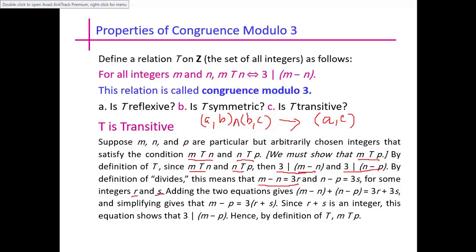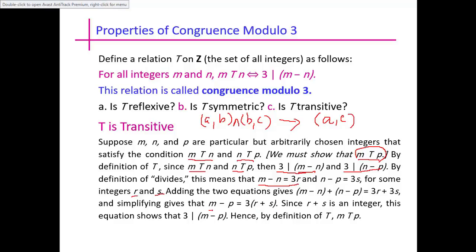And now what we need to show is that m is related to p. We need to solve these equations simultaneously so that we get a relation between m and p. So for this we add these two equations, and by adding, minus n is cancelled out with plus n, and 3 is taken as a common factor.